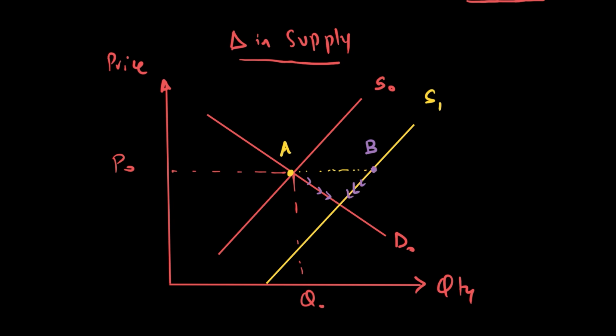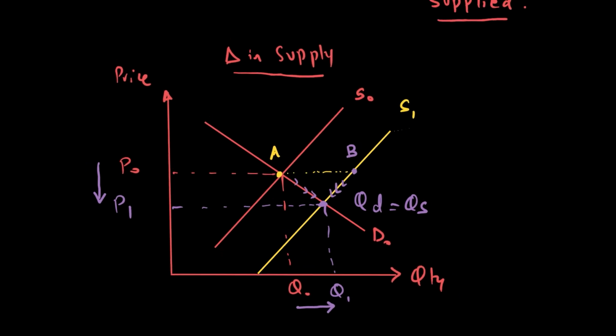There will come a point when we find a price, for example, this P1, where quantity demanded will become again equal to quantity supplied. And at this price, we will have what we call our new equilibrium, with a lower price and a higher quantity.